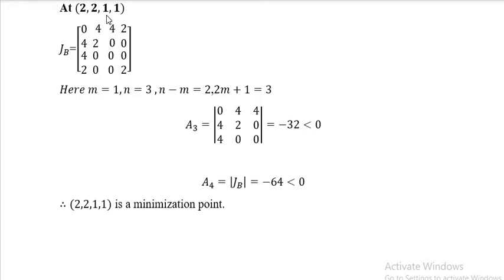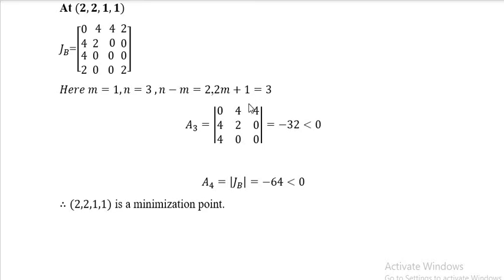Consider the first stationary point 2, 2, 1, 1. The bordered Hessian matrix JB is equal to 0, 4, 4, 2; 4, 2, 0, 0; 4, 0, 0, 0; 2, 0, 0, 2. Here we know that m equal to 1, n equal to 3. So n minus m equal to 2, and 2m plus 1 equal to 3.